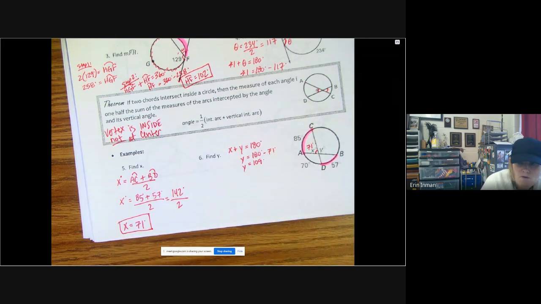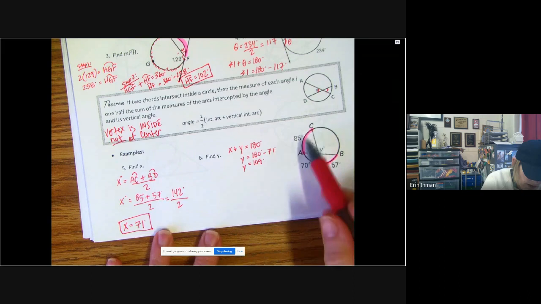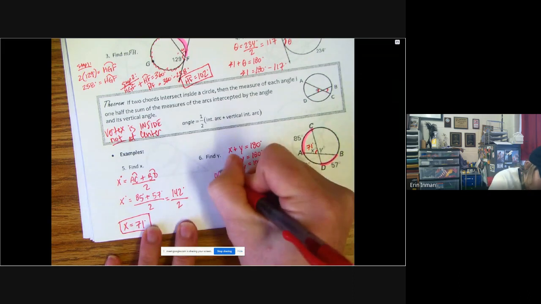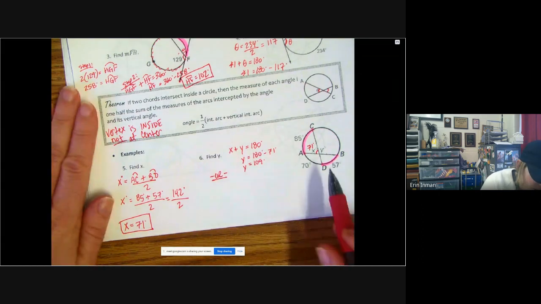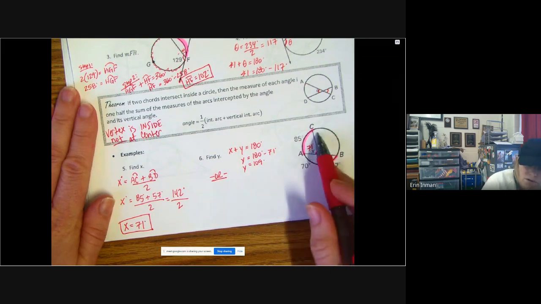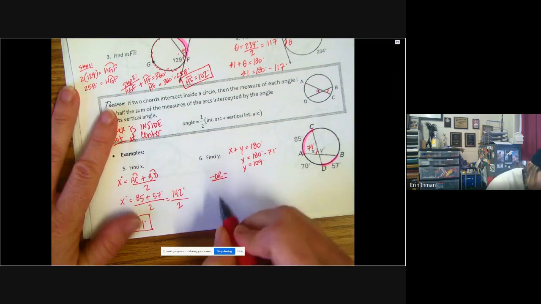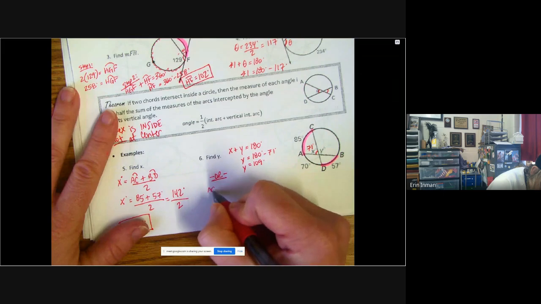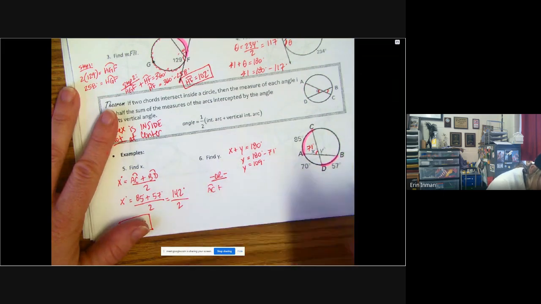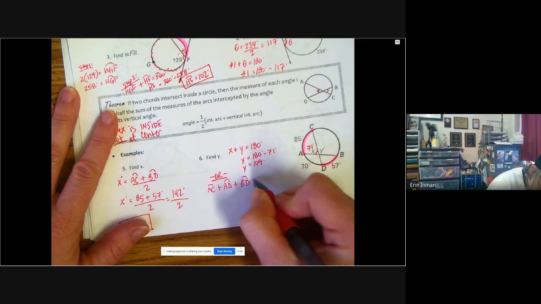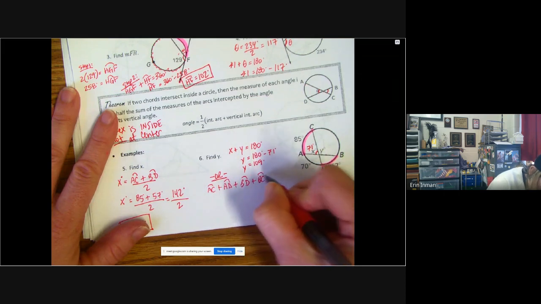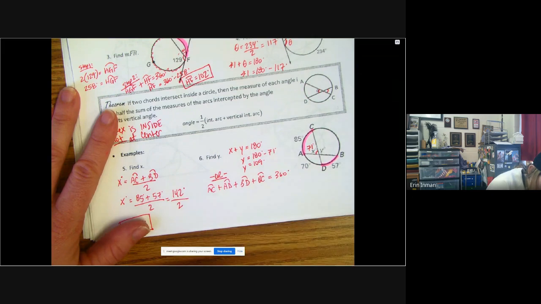Okay. Now, if they just said to find Y, I could still find X first. That is a possibility. The other thing would be that we know that all the way around the circle is 360 degrees. So the other way of looking at this would be arc AC plus AD plus BD plus BC equals 360 degrees.